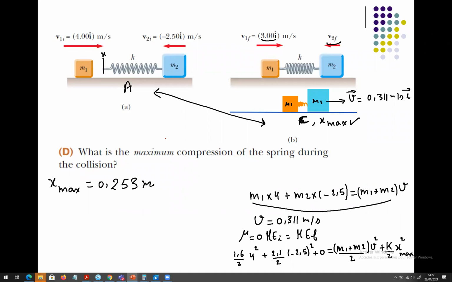About the mechanical energy, you can ask yourself, do you have friction? So delta mechanical equals the work of F. If we don't have friction, we can say delta mechanical equals 0, and we have a conservation of mechanical energy.